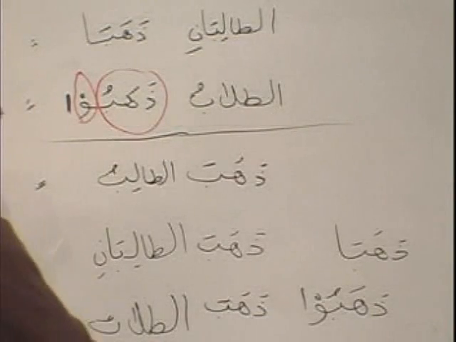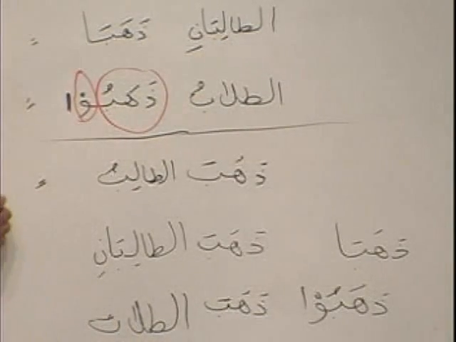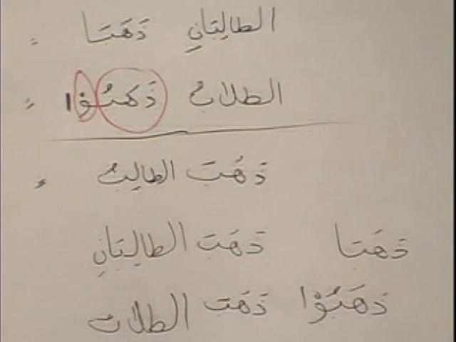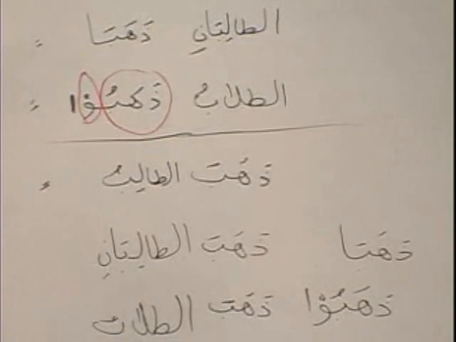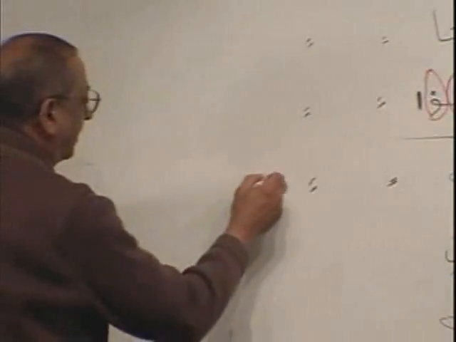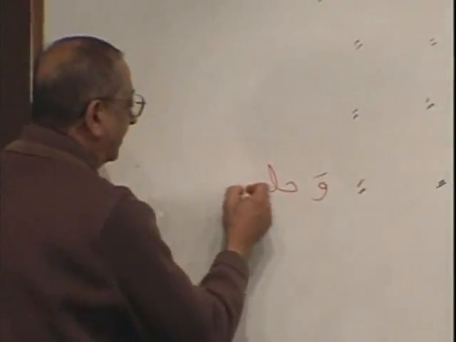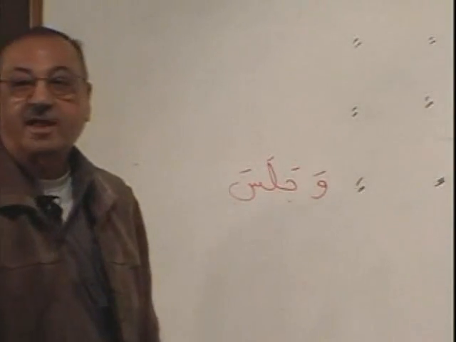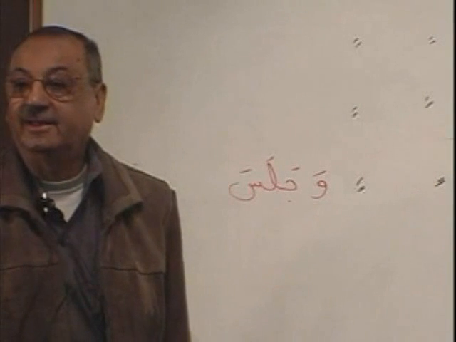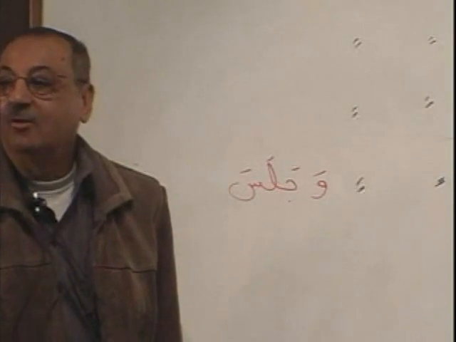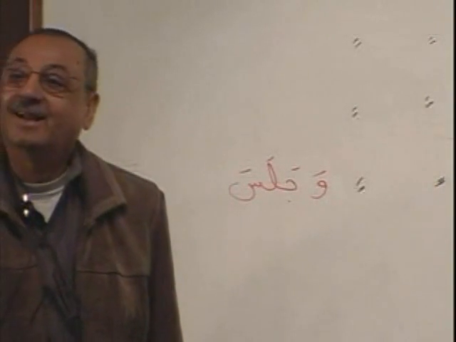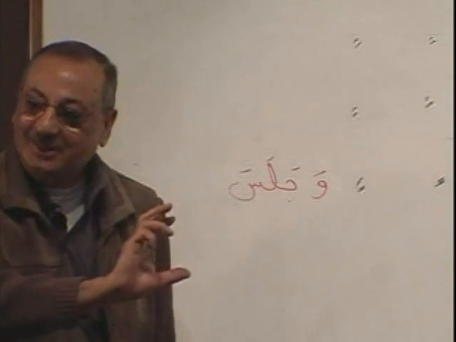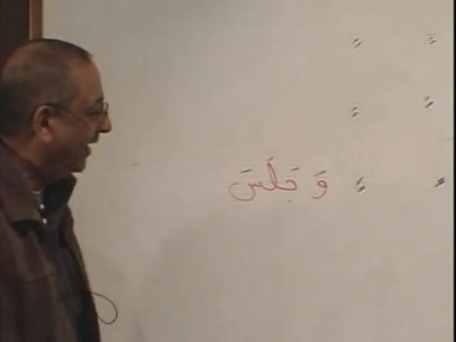I just have to now remove this, brother. ذهب الطالب إلى الفصل وجلس. Now you come to ذهب الطالبان إلى الفصل وجلس. Now you will use the proper verb.